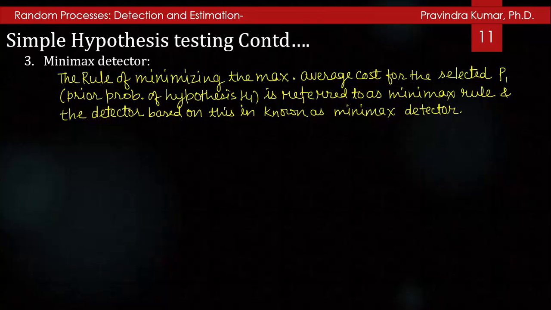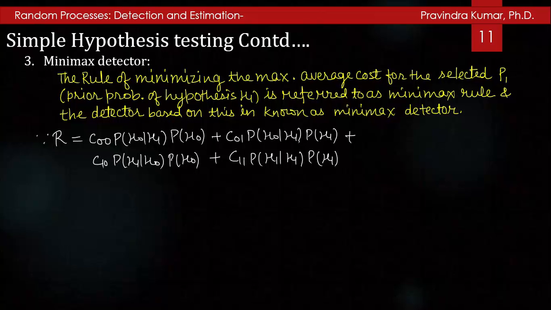In this case, we can assign a value P1 to the prior probability of hypothesis H1, the value for which the risk is maximum, and then minimize the risk function. The rule of minimizing the maximum average cost for the selected P1 is referred to as the Minimax rule, and the detector based on this is known as the Minimax detector.